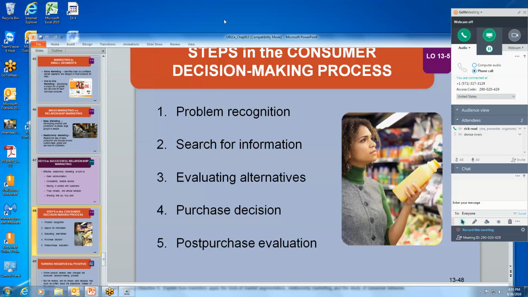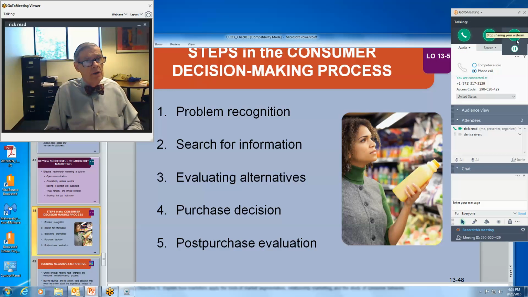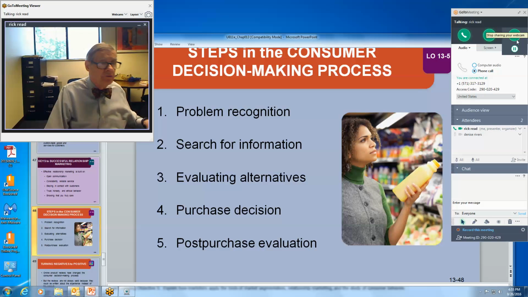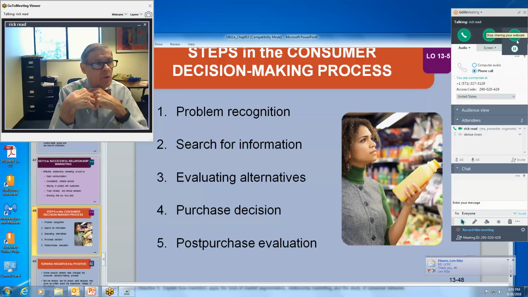This is what we do, and this is what we as consumers do when we make a decision to buy a product. We have a problem. Again, it's an issue, something we need to satisfy. We look around for any information, evaluate the choices, make a decision to buy, and then we evaluate that decision after the purchase.